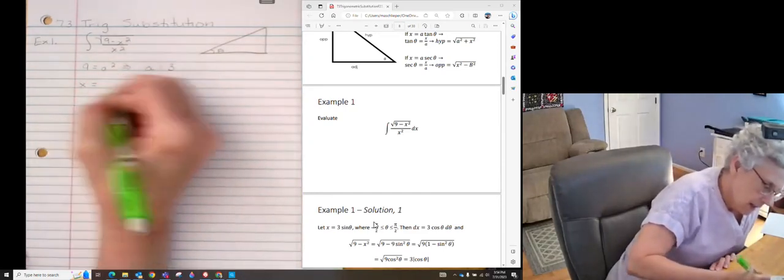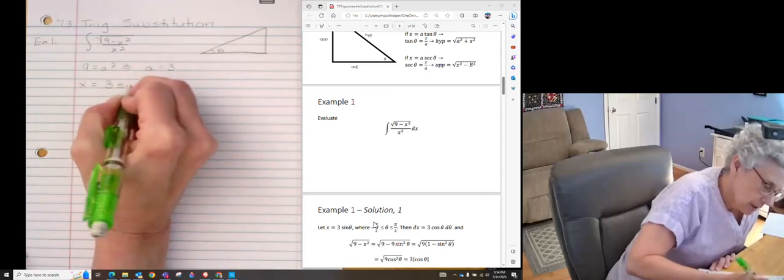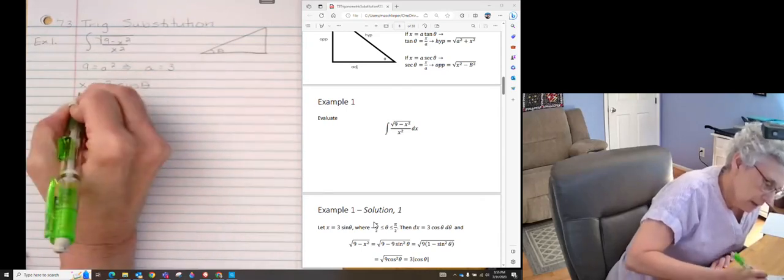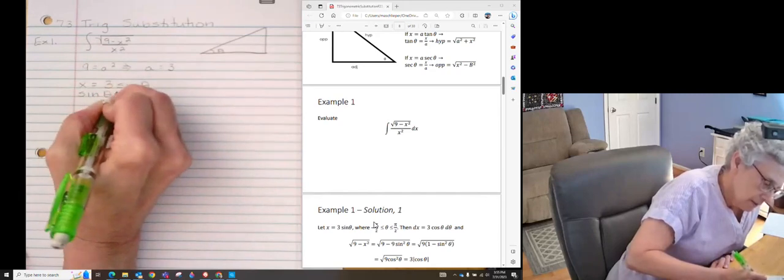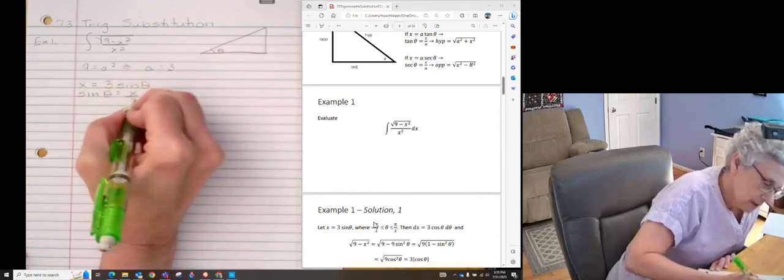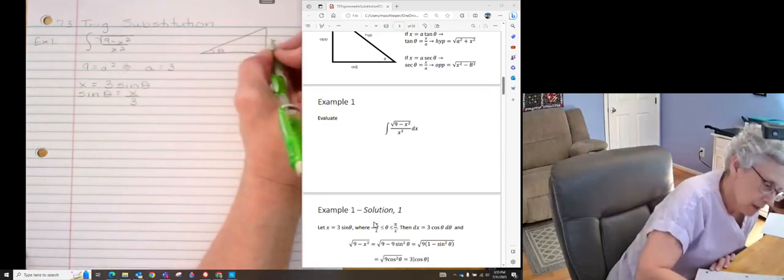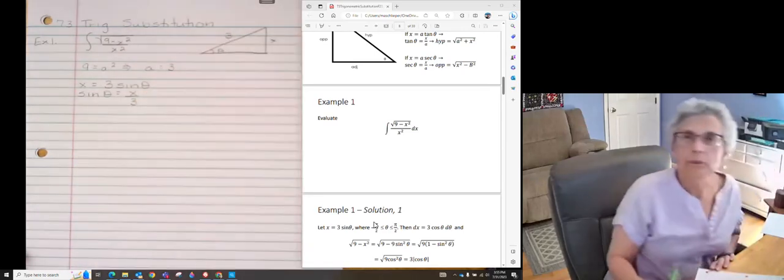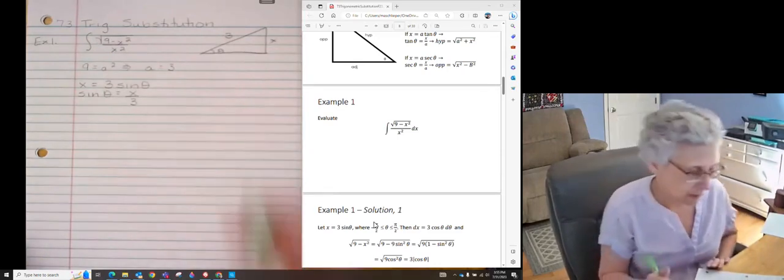Since x is equal to 3 sine theta, sine of theta is equal to x over 3, so opposite over hypotenuse.